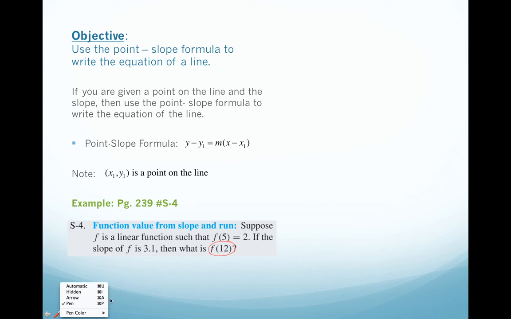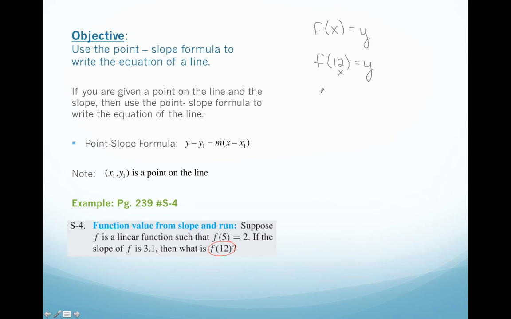Using functional notation, remember that we said f of x is equal to y. This is just the functional notation to indicate that y is a function of x. And I want to know, what is the y value when x is 12?